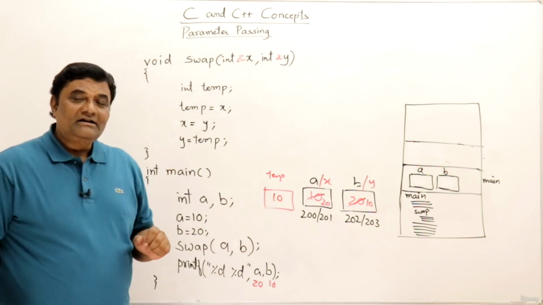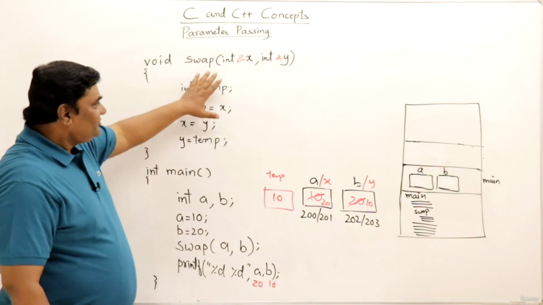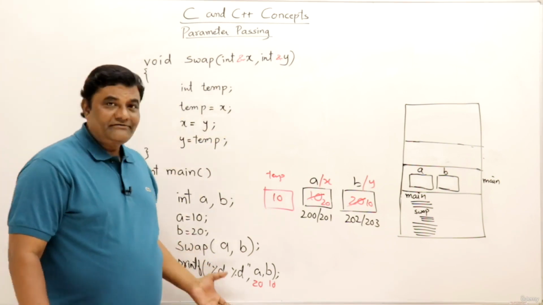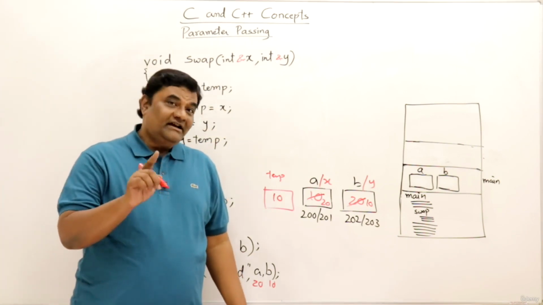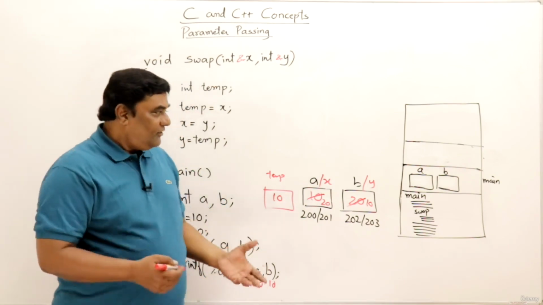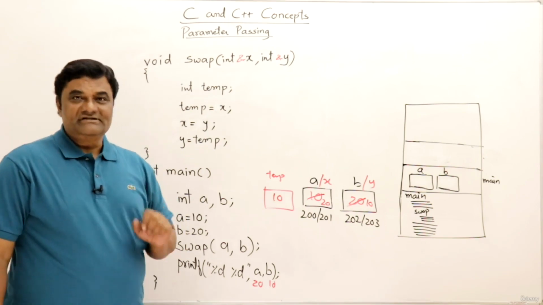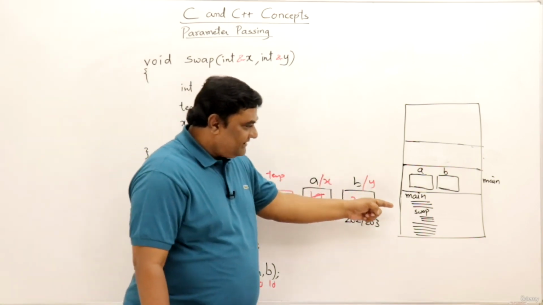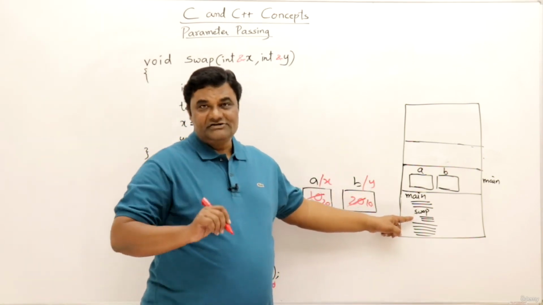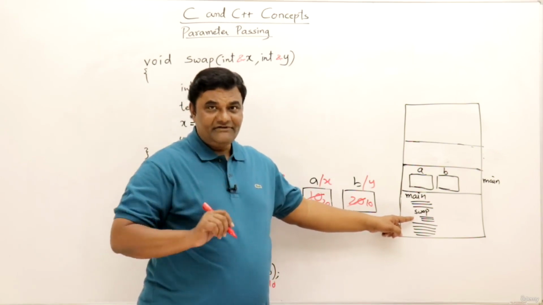Now one important point. I said that one function cannot access the variables of another function directly. It can access indirectly. But how is it possible that it is accessing directly? So the answer to this is, if you see inside the memory, swap is not a separate function.